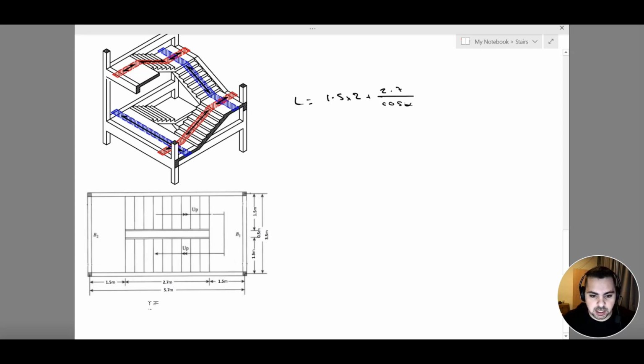This is my L, and I'm going to divide this by 20 to find the thickness. Now, why did I go for 2.7 over cosine alpha, and what is alpha?